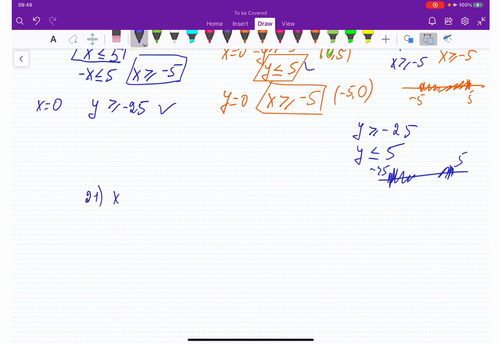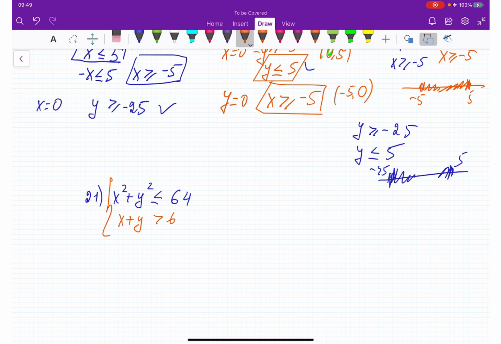We have x squared plus y squared less than or equal to 64. And we have x plus y greater than 6. So we have a circle and a linear equation. All right.